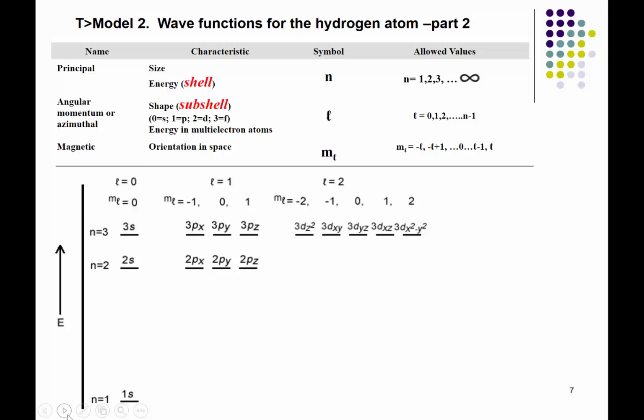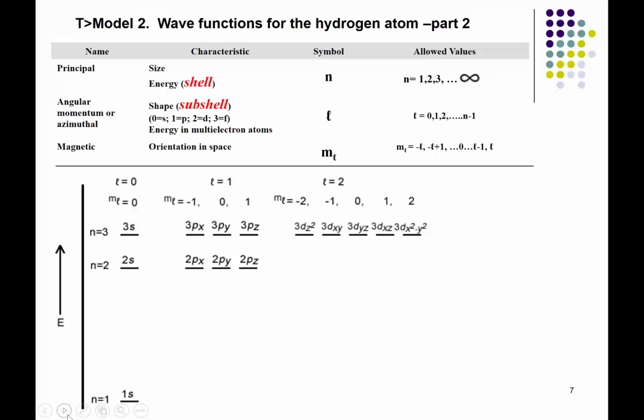It's often referred to as the subshell. And you'll see that we're going to have a certain mathematical code for the different values for L, and that in turn they represent some symbols like S, P, D, F. And as we will also see, the azimuthal quantum number does represent to some degree the energy in multi-electron atoms.